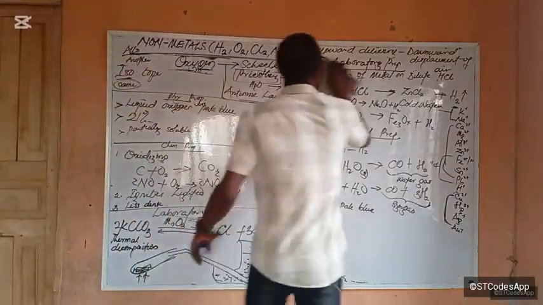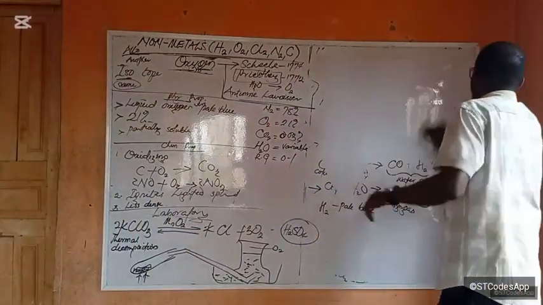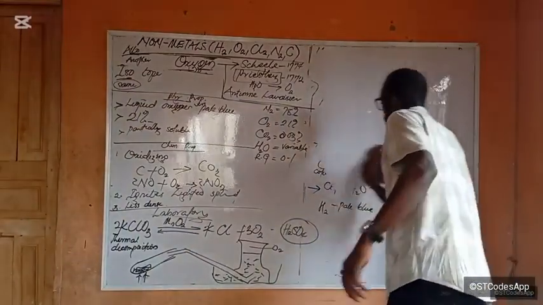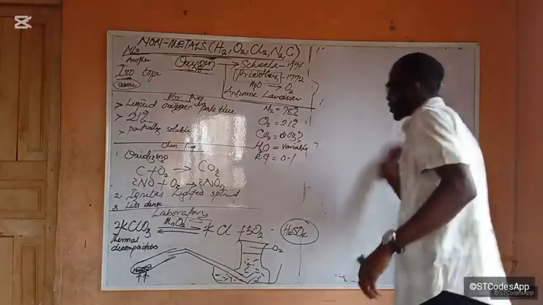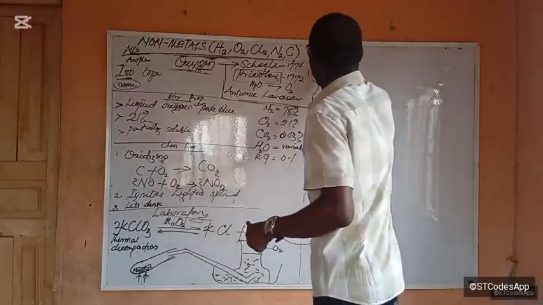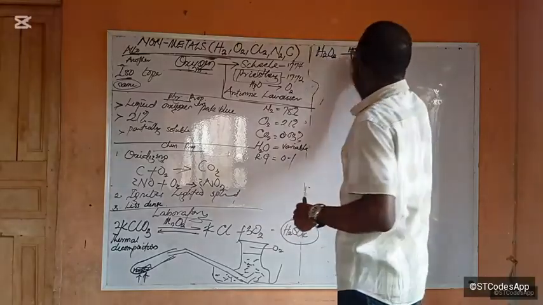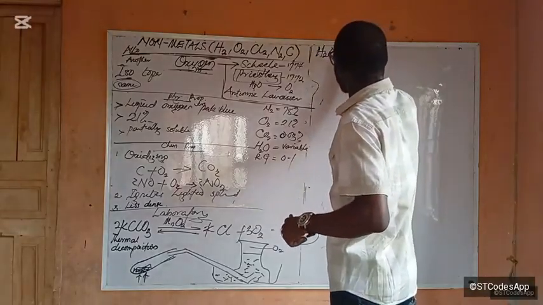We can also prepare oxygen in the laboratory from higher oxides like peroxides, for example hydrogen peroxide, H2O2. It also happens in the presence of manganese 4 oxide.